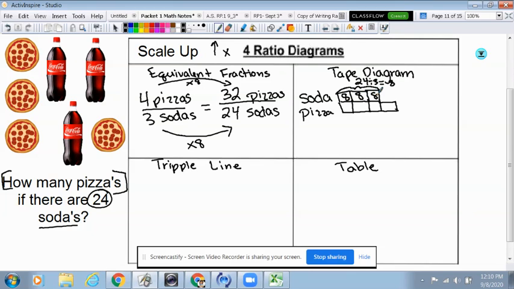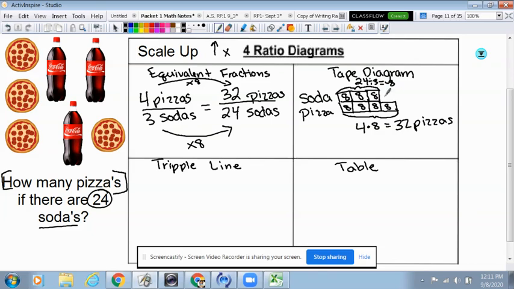And if these top boxes are worth 8, that means the bottom boxes are also worth 8. So I'm going to put 8 in all of the boxes. Now I can find out how many pizzas. Because I can say, well, I have 4 to start with. I'm multiplying times 8, which gives me 32 pizzas.